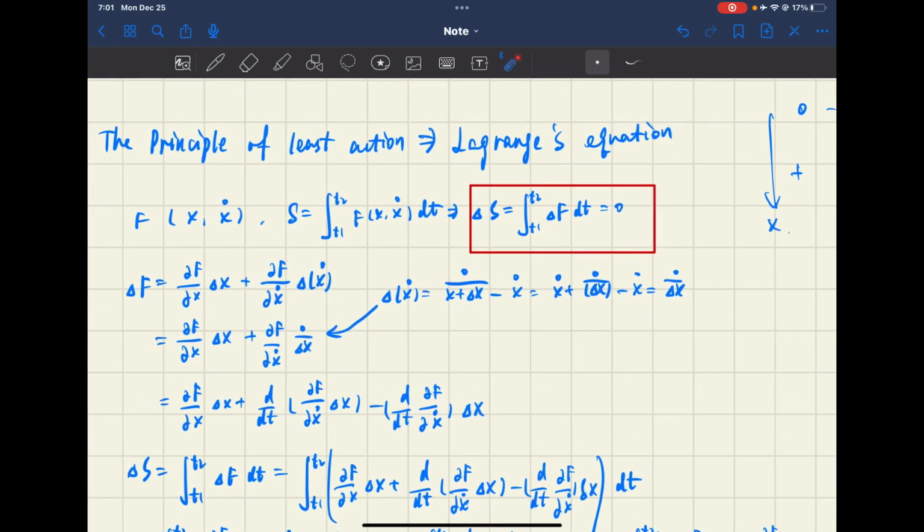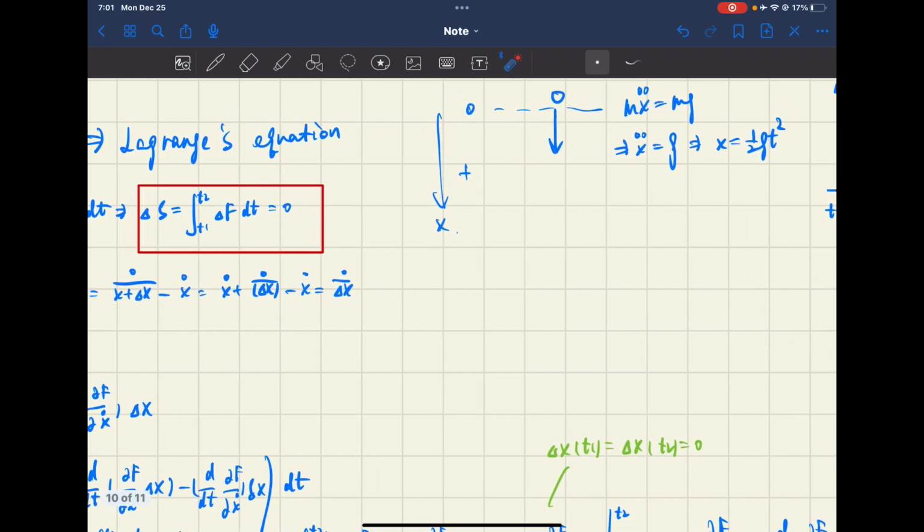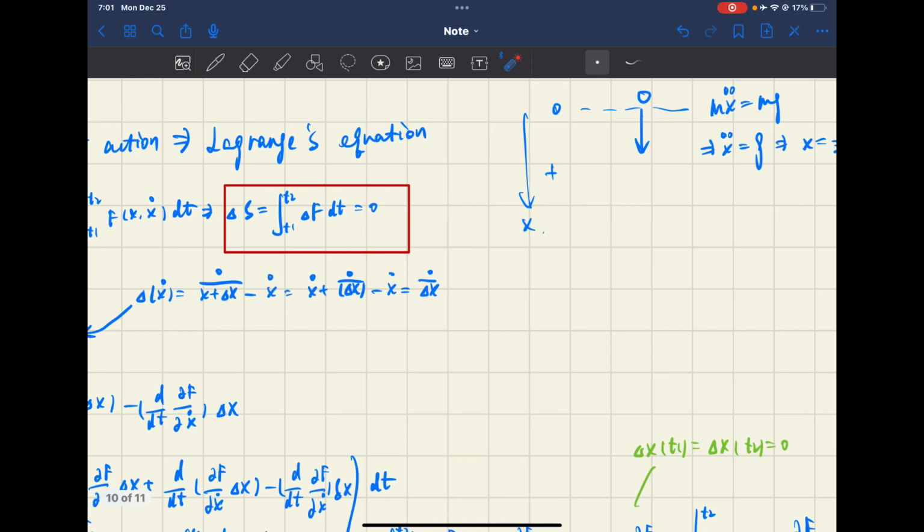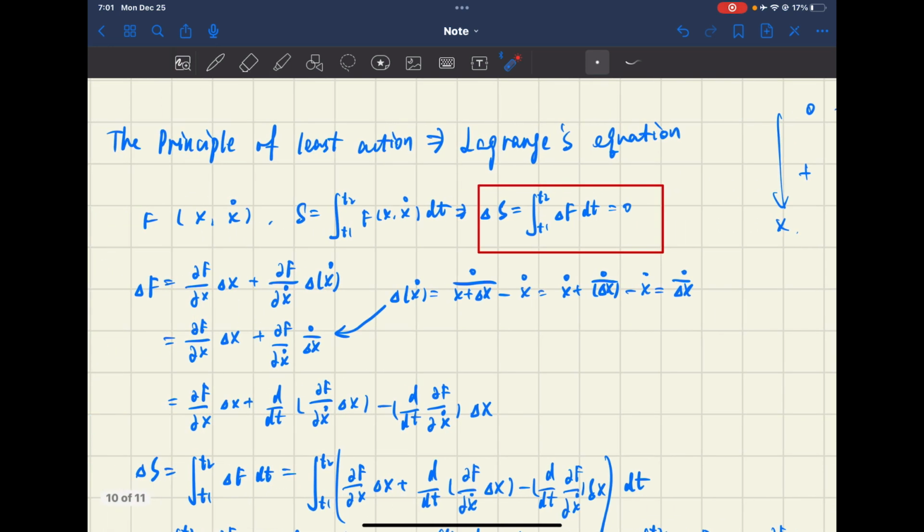After several efforts of physicists, they discovered that this equation is the feature of the path. So it's a very important basic principle of analytical mechanics. It's not something that can be easily proved. It's something that we discovered.